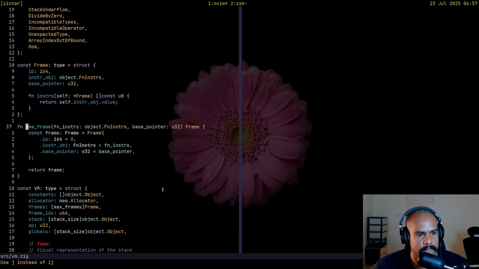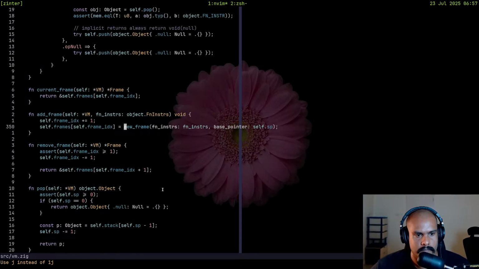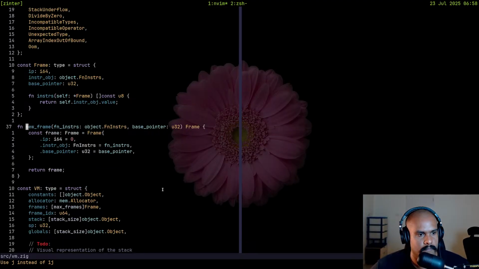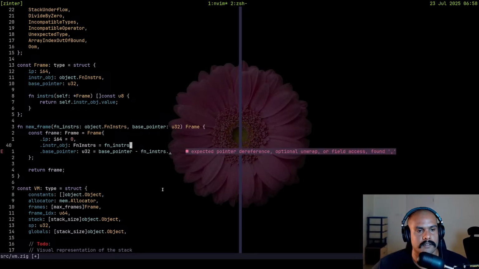New frame. Base pointer minus function instructions dot. Yeah, it's, come on, go back.